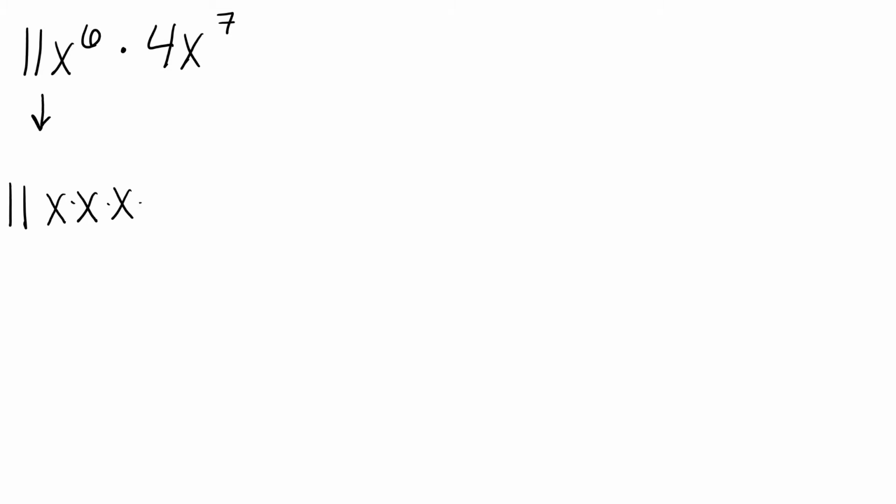For our last multiplication problem, we are going to do 11x to the 6th times 4x to the 7th. We break it down into 11 out in front, and x to the 6th we write out 6 times. On the other side, we keep the coefficient 4 out in front, and we break down x to the 7th by writing it out 7 times.